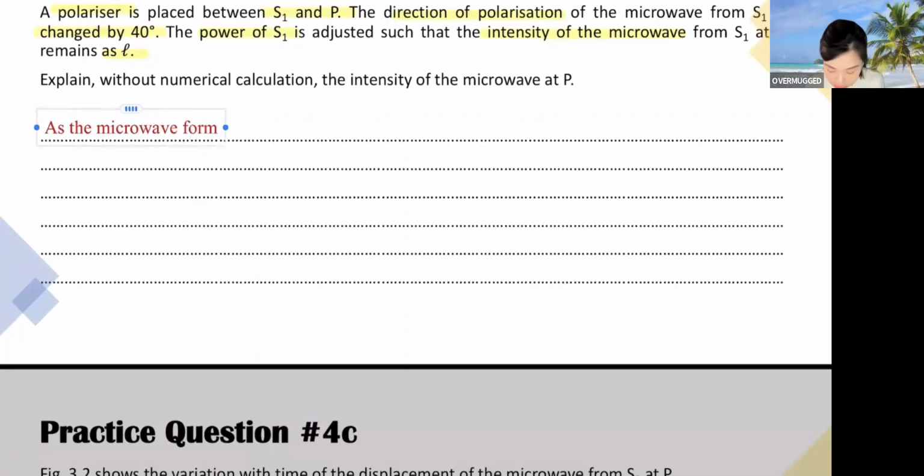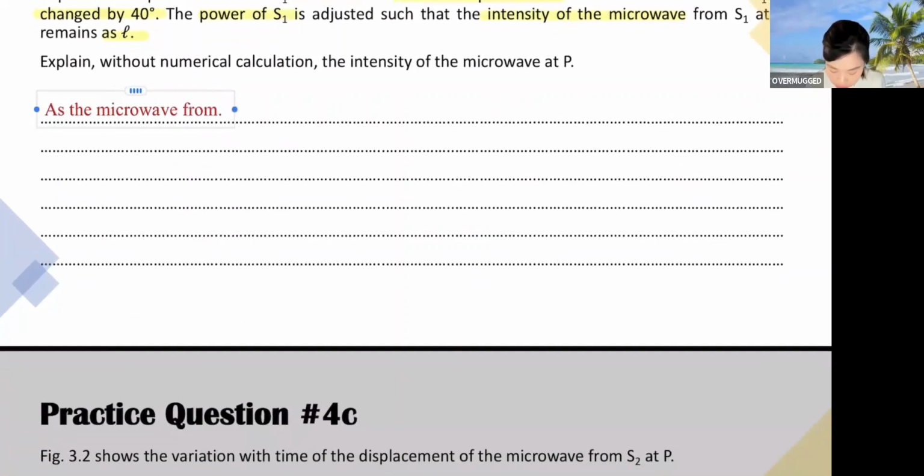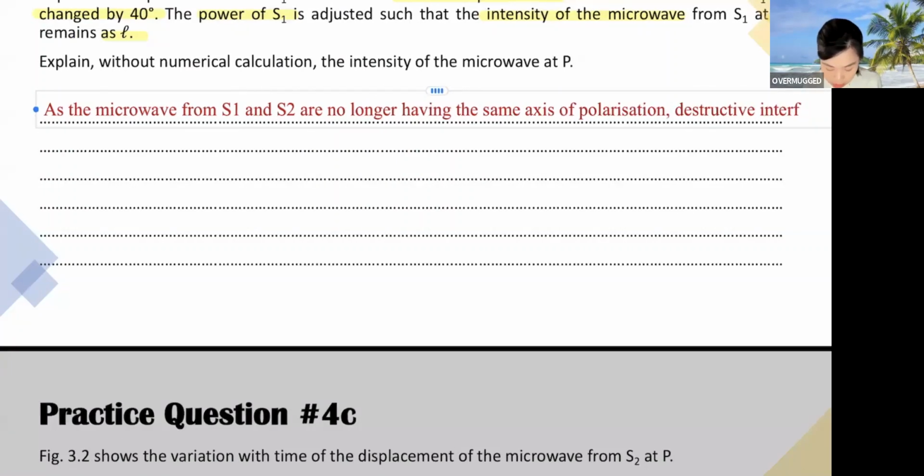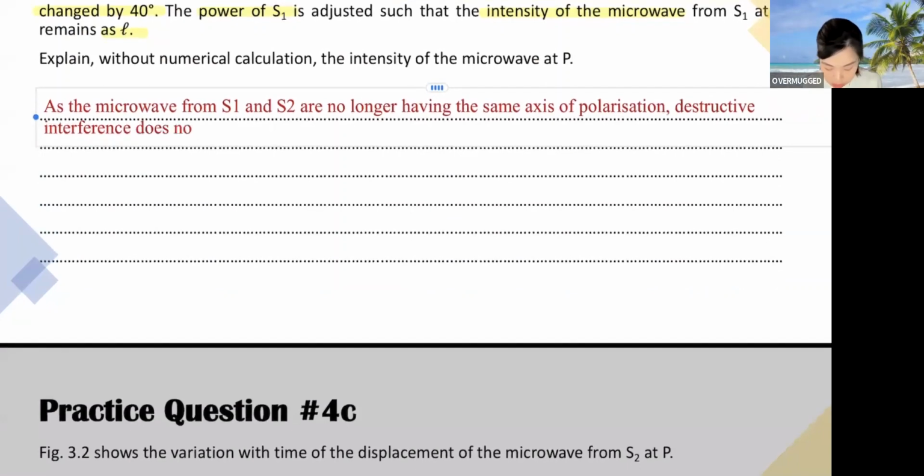So we explain by saying as the microwave from S1 and S2 are no longer having the same axis of polarization, destructive interference does not take place. Okay, meaning to say that now your waves are completely out of phase from each other.